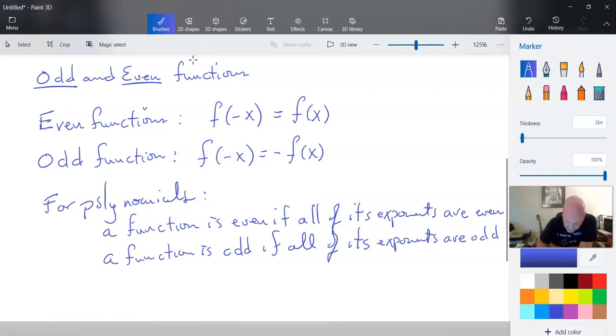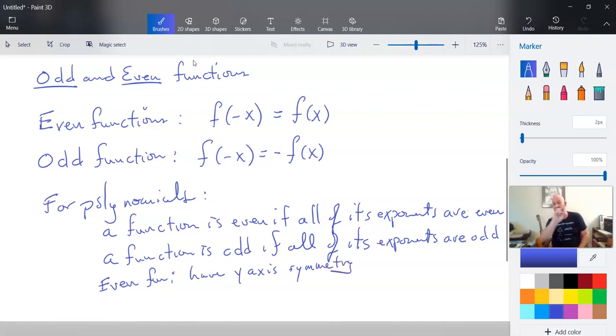Now, even functions, I'll just leave the abbreviation, even fun. Even functions have y-axis symmetry. So if all of the exponents on your function are even, then your function has y-axis symmetry, right?